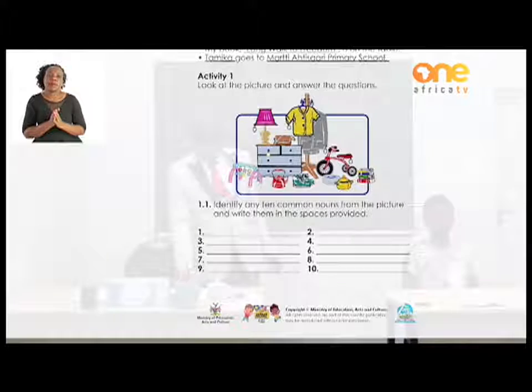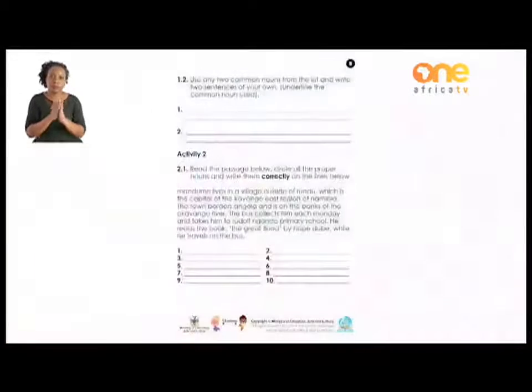Right, let us turn to page 5. The first one says, use any 2 common nouns from the list and write 2 sentences of your own.